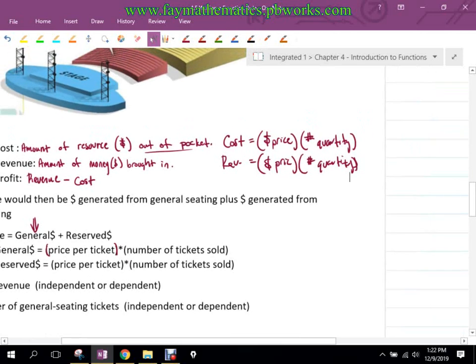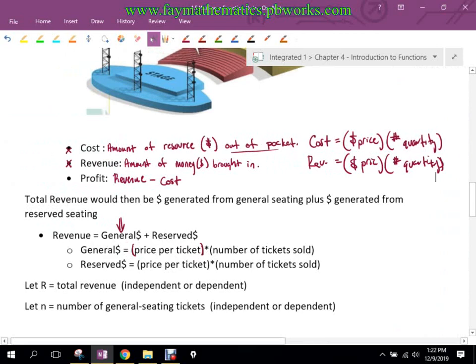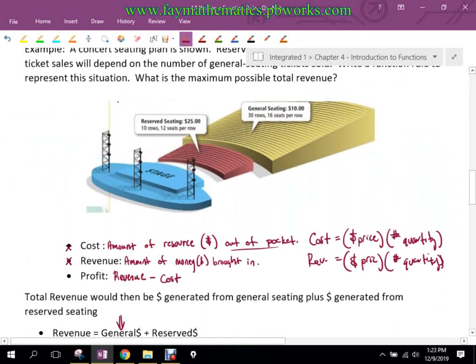Why is that important for this question? If my goal is to determine the total number of dollars in regards to revenue, I need to know what I'm making off of maybe these red seats right here. The question says that those red seats were already sold out, right?